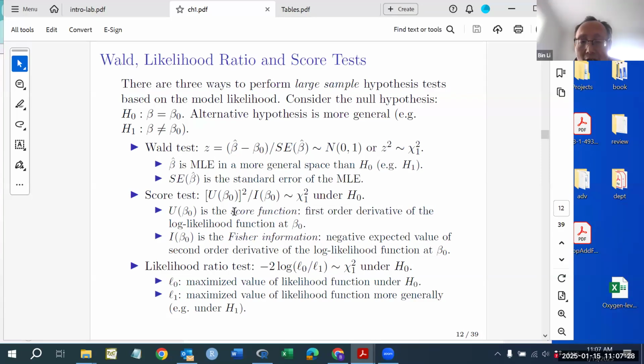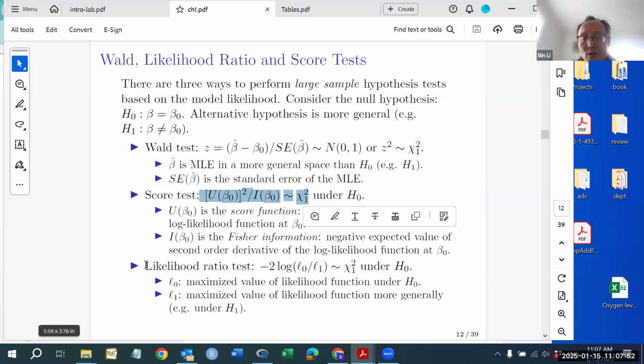And the denominator is the Fisher information, the negative expected value of the second order derivative of the log likelihood at beta 0. Under the null hypothesis, this test statistic also follows a chi-square with 1 degree of freedom.